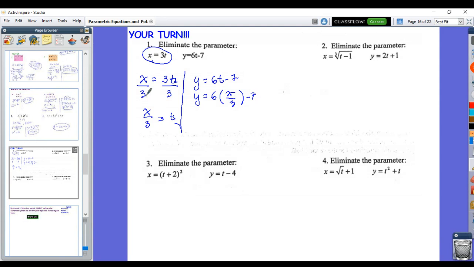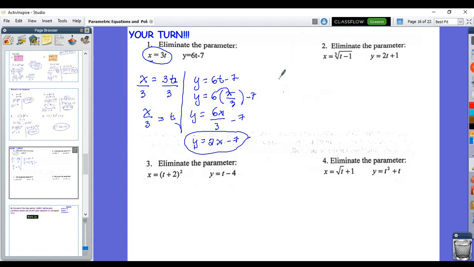So right here, I can distribute my 6 to the x over 3, and that gives me y equals 6x over 3 minus 7. And then 6 divided by 3 gives me 2, so I will have y equals 2x minus 7. That's going to be my y.